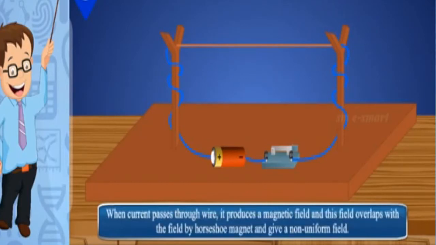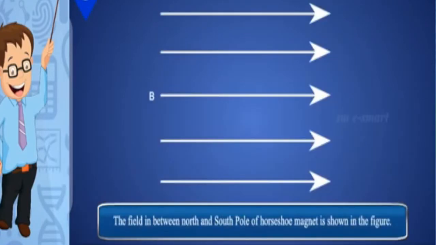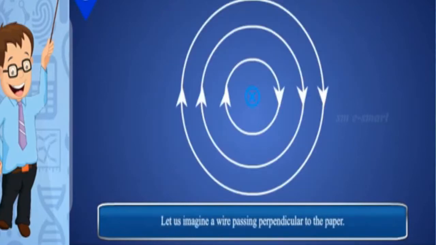When current passes through the wire, it produces a magnetic field and its field overlaps with the field of the horseshoe magnet and gives a non-uniform field. The field in between the north and south pole of the horseshoe magnet is shown in the figure. Let us imagine a wire passing perpendicular to the paper. Let the current pass through it. It produces a magnetic field as shown in the figure. The resultant field will be as shown below.